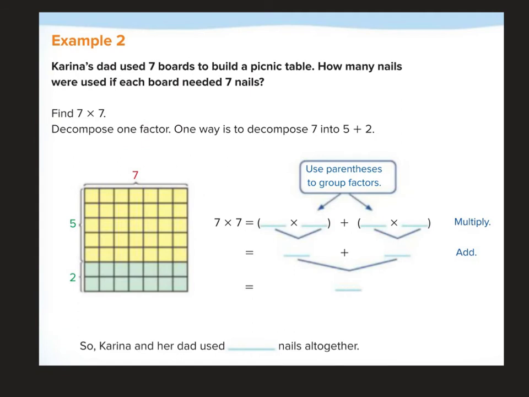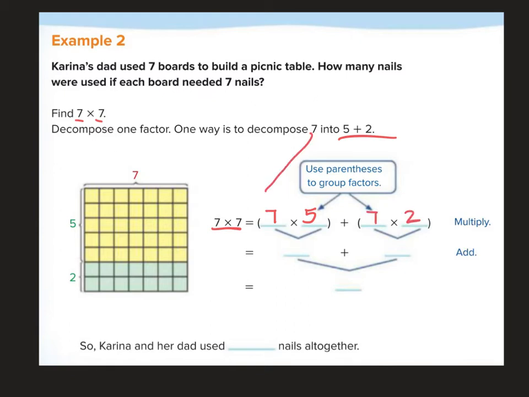Example 2 says, Karina's dad used 7 boards to build a picnic table. How many nails were used if each board needed 7 nails? So we have to find 7 times 7. I could decompose 7 into 5 and 2, right? 5s are easy to count by. We've been practicing counting by 5 since kindergarten or before. So it's always good if you can break it into a 5 or a 10. Those are easy numbers to count by. So I'm going to break 7 times 7 into 7 times 5 plus 7 times 2.